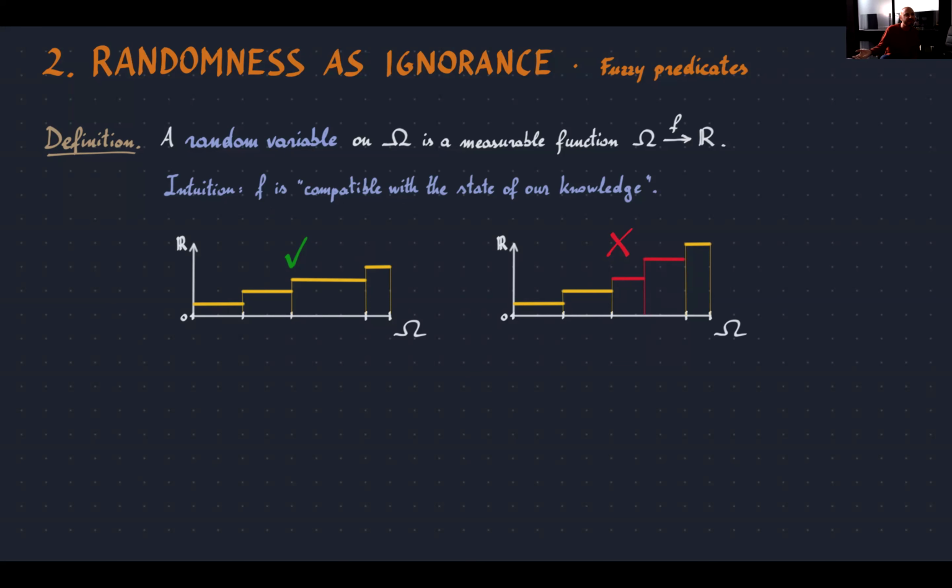But I cannot draw that as a partition here, okay? So for intuition, I'll stick to the discrete case, but these are actually a lot more complicated than I'm drawing. But it's something that's compatible with my state of knowledge and doesn't depend on things that I don't know yet. So whenever you see a random variable in a probability text, always check what the sigma-algebra is. That tells you the information you have access to at that moment.